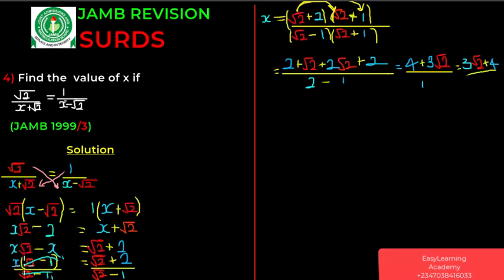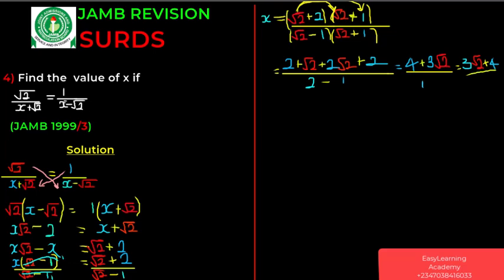Factorizing, we have x into bracket square root of 2 minus 1. Now the coefficient of x became square root of 2 minus 1, so we divided both sides by the coefficient, resulting in square root of 2 plus 2 all over square root of 2 minus 1, and we were to solve for x.